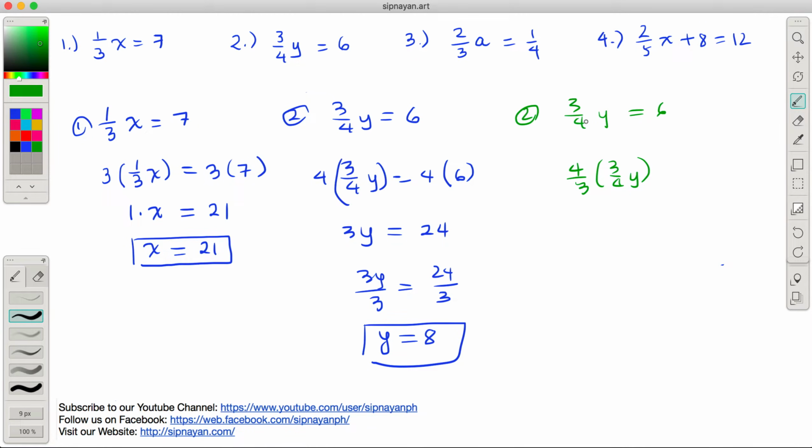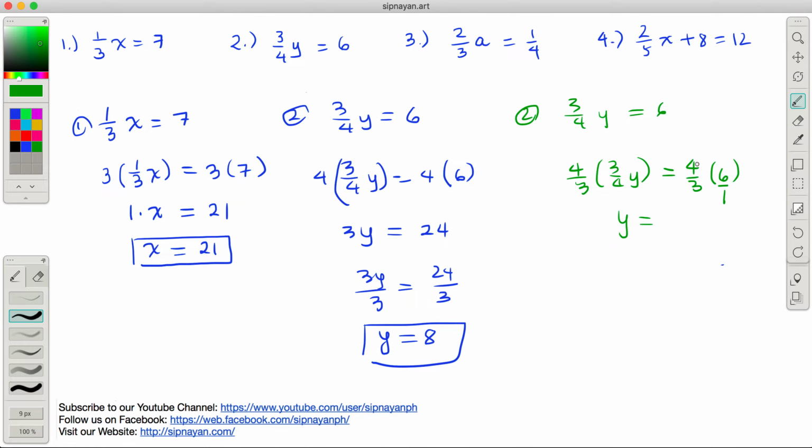So, pag nag-multiply ka ng number and its reciprocal, 1 na yan. So nag-multiply tayo ng 4/3 dito. Mag-multiply din tayo ng 4/3 dito sa 6. So, 4/3 times 3/4 is just 1. 1 times y is y. And then ito, pag whole number, pwede tayo maglagay ng 1, di ba?